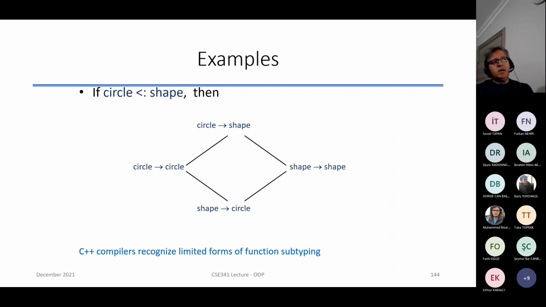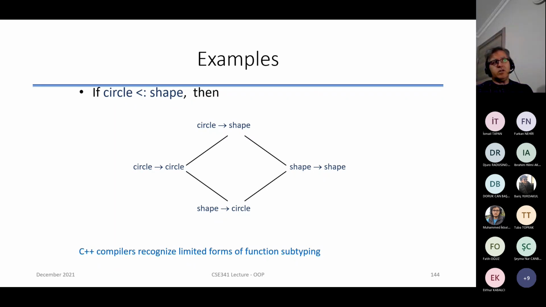If a circle is a subtype of shape, then if you have a function that takes shape to circle, or circle to circle and shape to shape, or circle to shape, these will define these covariance and contravariance relationships.